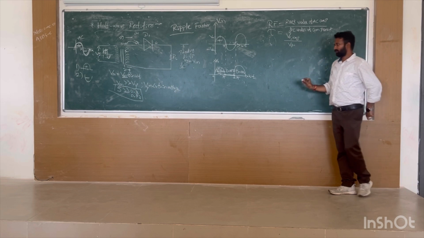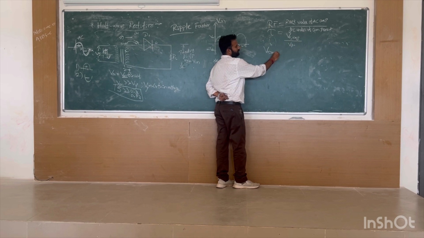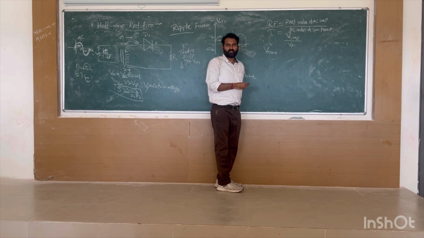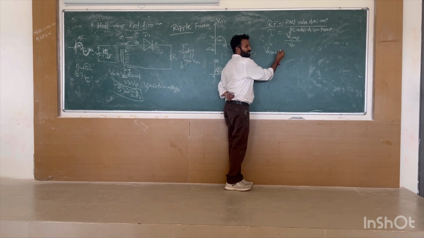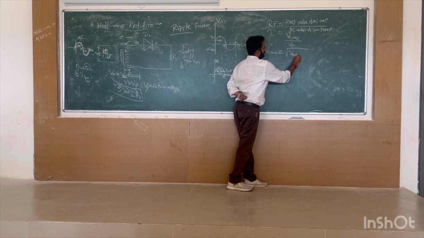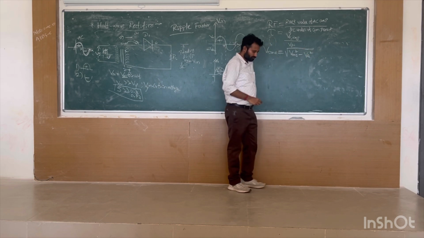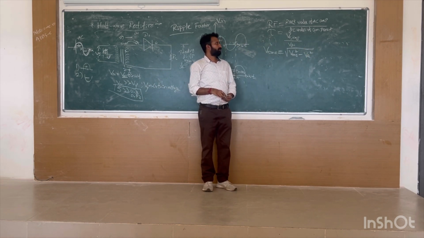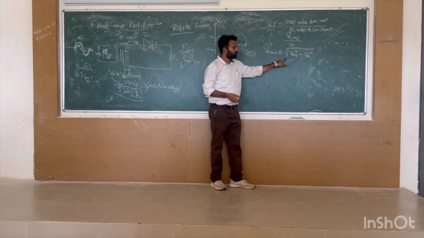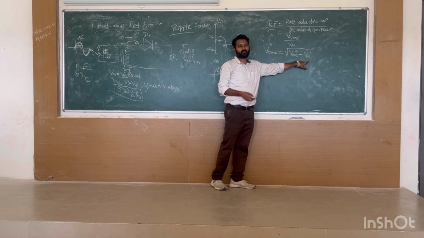Now this V_r,RMS is a direct formula they have proved: it is equal to the square root of V_RMS squared minus V_DC squared.